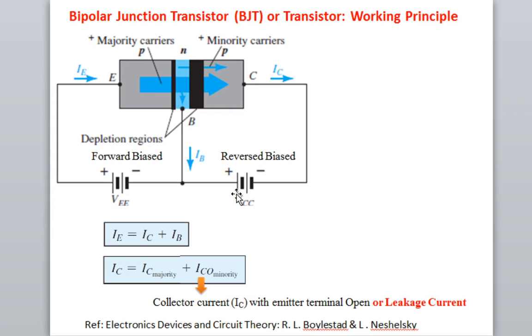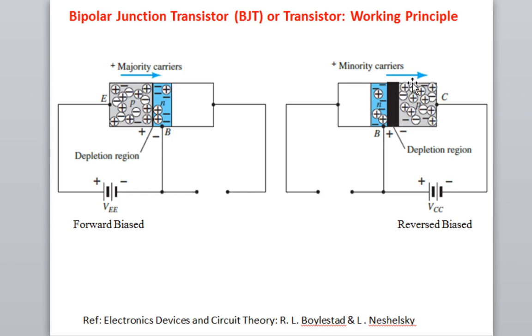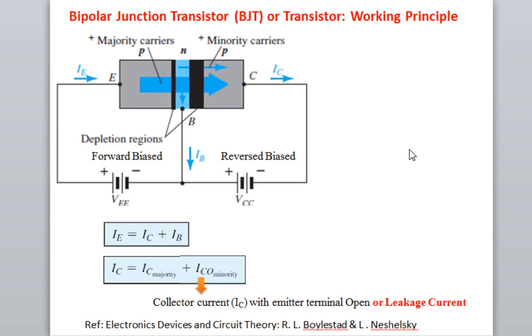Obviously a current will flow across the whole device. One current is flowing because of the majority charge carrier, and another current is flowing because of the minority charge carrier, as I explained in the previous slide.